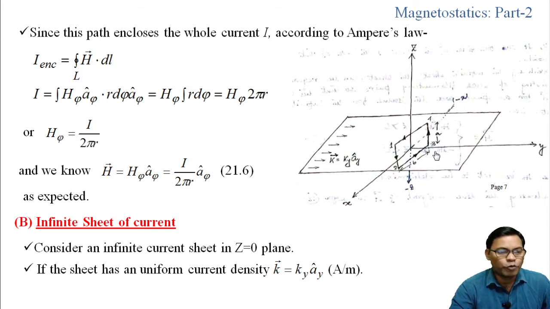We have also considered that the current density is uniform, moving along the y direction, and the current density is K. As K is a vector, it can be represented as Ky ay, because it is moving along the y direction. Its magnitude is the y component Ky, the unit vector is ay, and its unit is ampere per meter.